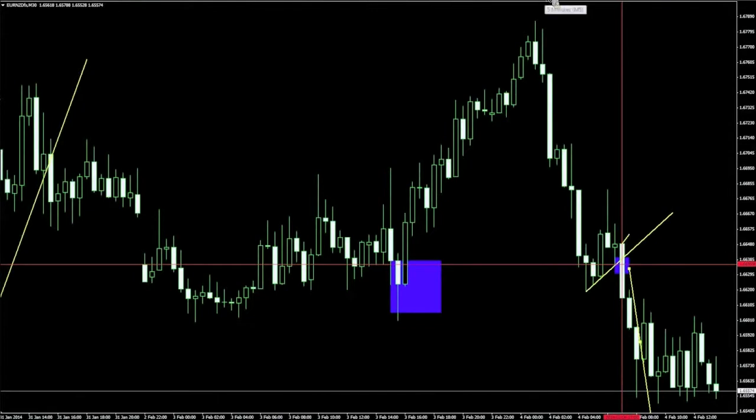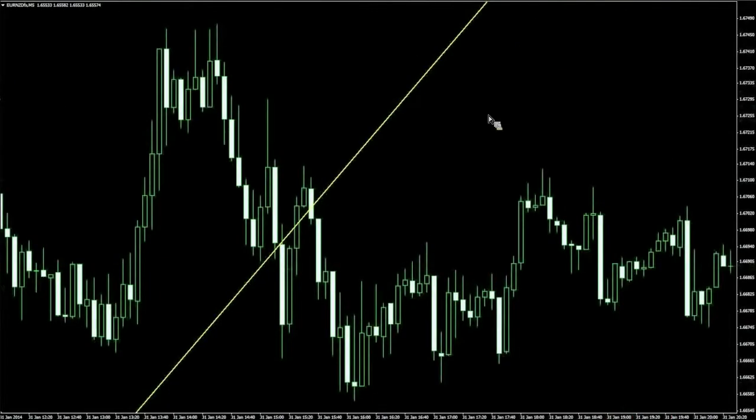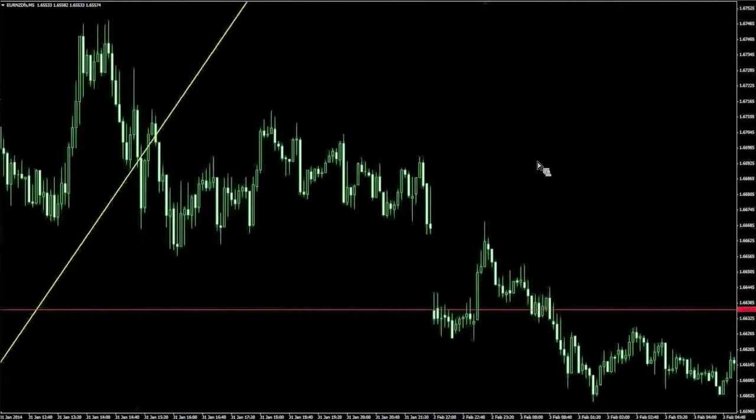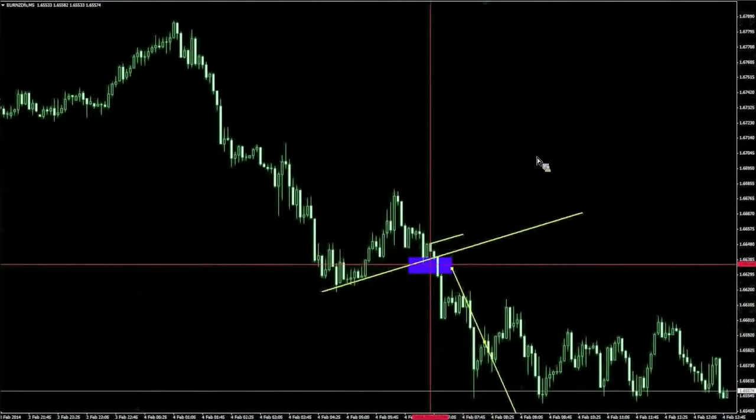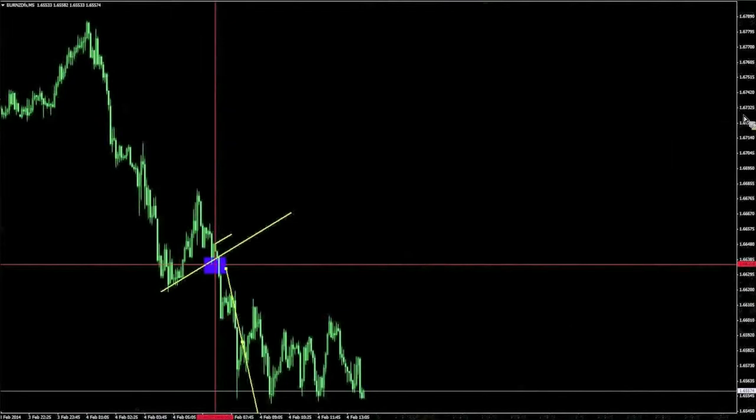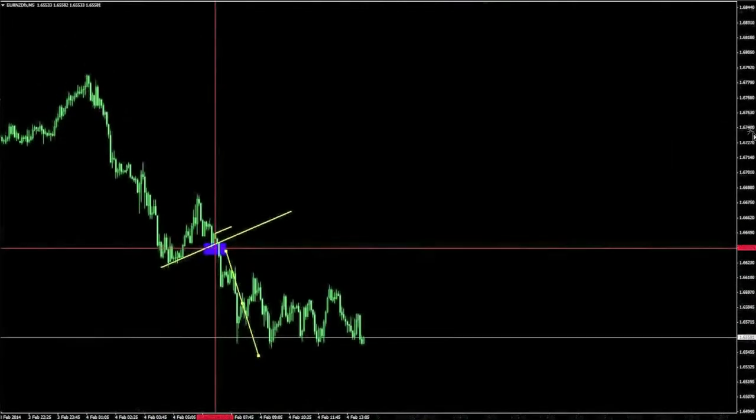And that's our projected profit target. Now I'll go back to the 5-minute chart. Let me squeeze this in a little bit more.